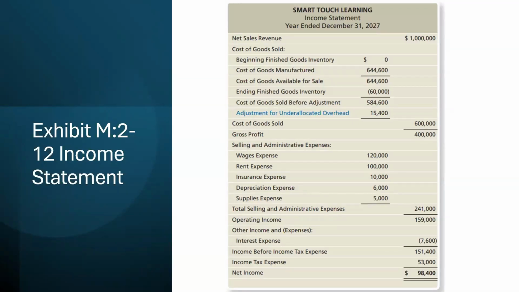Here in Exhibit 2-12, which is the income statement, it shows the income statement for the same period. So notice on the income statement that the underallocated overhead is added in the cost of goods sold.